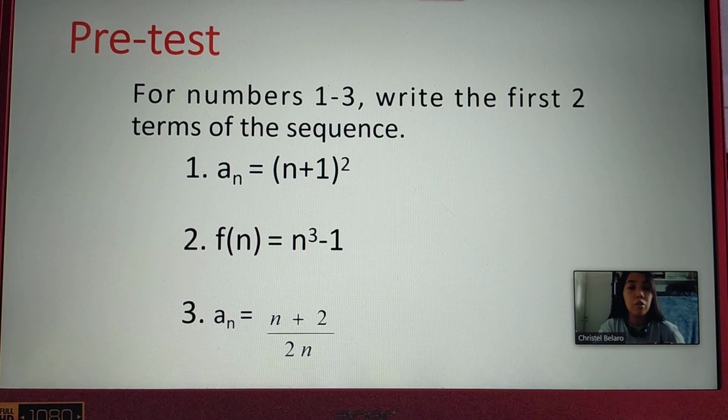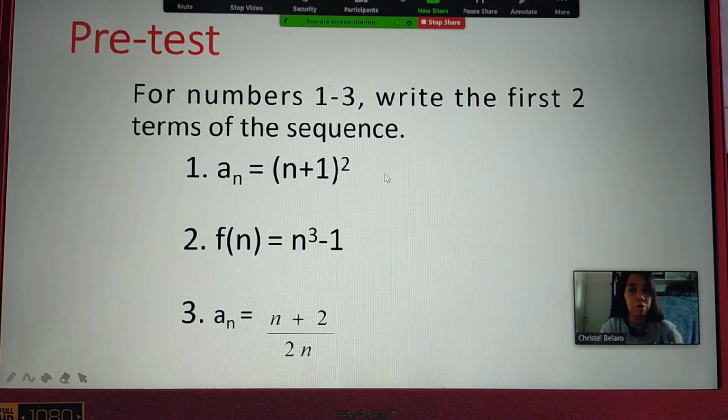When we say counting numbers or natural numbers, those are numbers that start with 1, 2, 3, 4, and so on and so forth. That's why it's called counting numbers or natural numbers. So we let n be equal to 1 for the first term, and we let n be equal to 2 for the second term, since we're asked to find the first two terms of the sequence. So let's try to answer number 1.